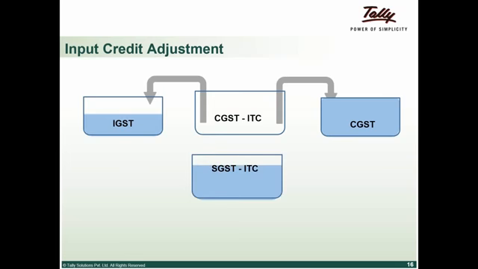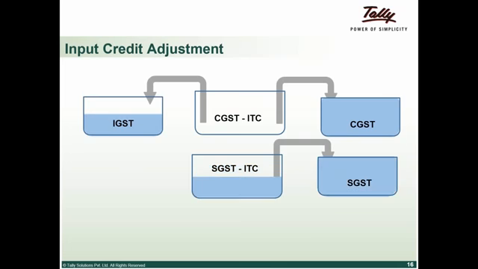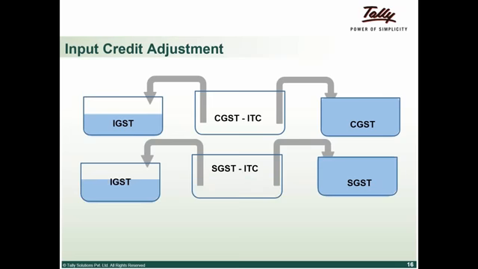Now SGST, yes, first set off against the SGST. Any excess SGST that is available, you can set it off against IGST, right? So next, the third thing is the IGST, right? These are the three major components under GST.